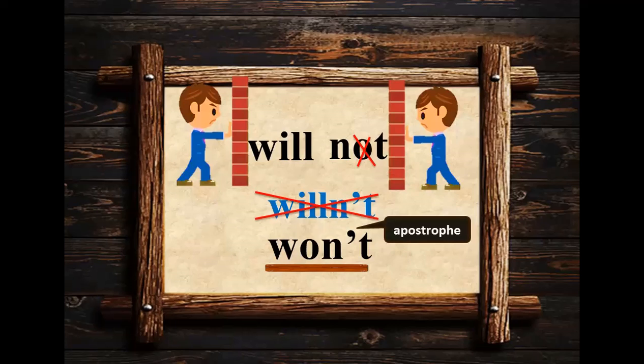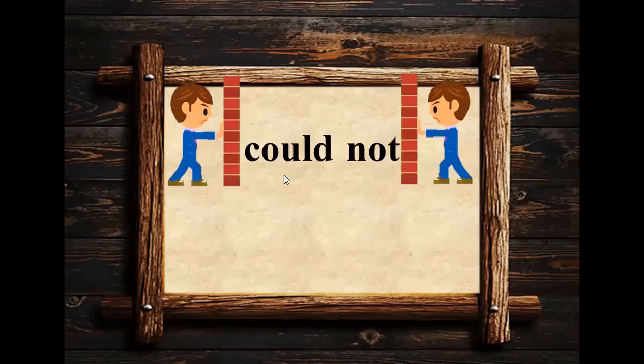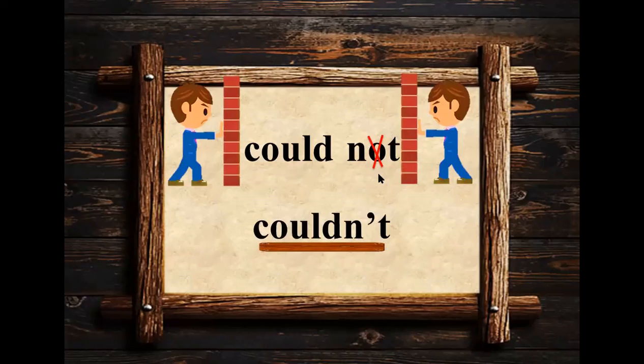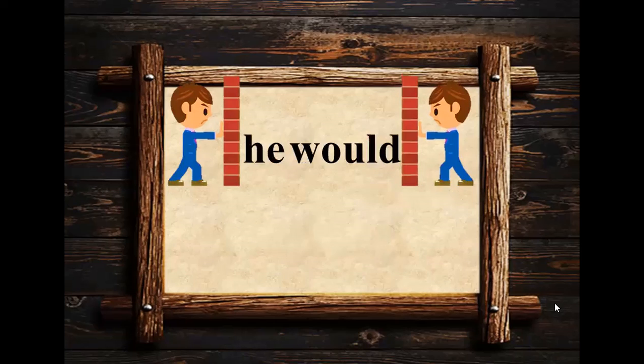Moving on to a next example, could not. Here again, the letter that is going to be removed is O, and we get the contracted form couldn't. Also, the apostrophe takes over the place of the missing letter O. Next, we have he would.